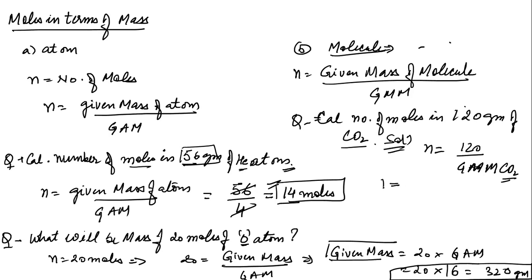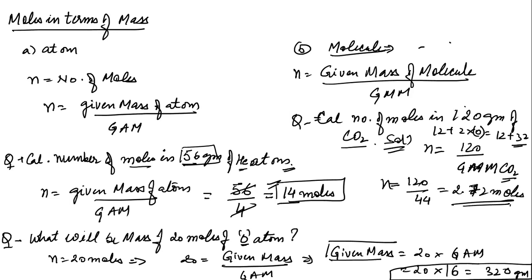What is the gram molecular mass of CO2? 44. It is 12 plus 2 into 16, which means 12 plus 32. This will be 44. So the number of moles will be equal to 120 divided by 44. If you solve this, you will get 2.72 moles. Is that clear? Any doubt in this?